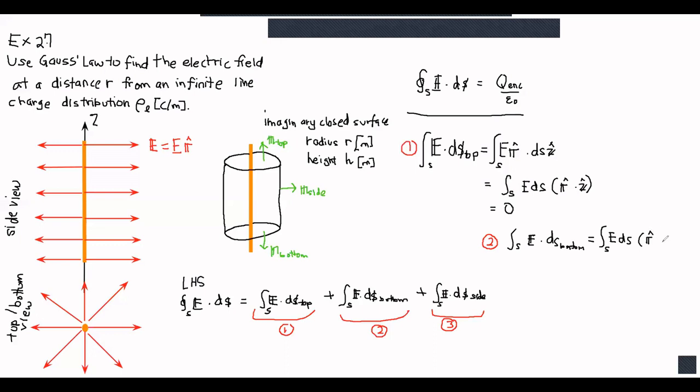The direction for the electric field is r, and the direction for the surface is minus z. So this is also the dot product between two vectors which are 90 degrees to each other, so this will be equal to 0 also. And we can move on to number 3, the last part.